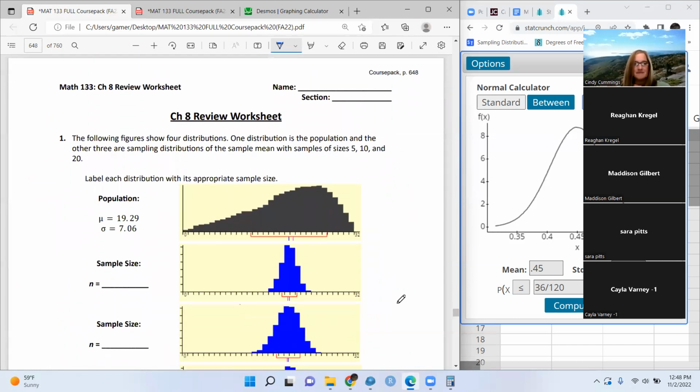But what I want to do is you all turn your mics on and we're just going to look at it and we're going to say mean or proportion. That's it. So number 1, does this problem deal with means or proportions? Or you can type it in the chat if you don't want to mic it.